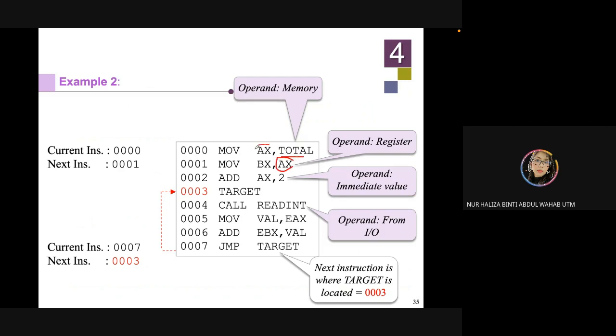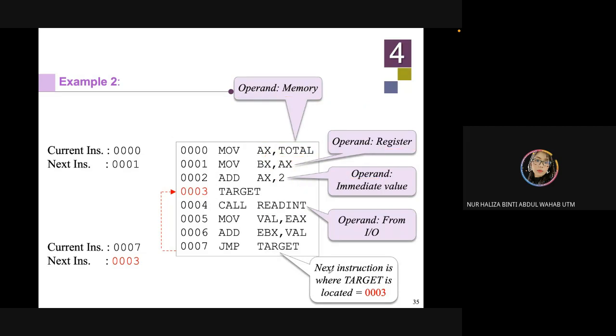This is inside your memory, the type of storage that you use. Operand under your memory. This one is your register. Operand of your immediate value. Operand from your input output. You can see read INT. You have to key in your value from your keyboard.